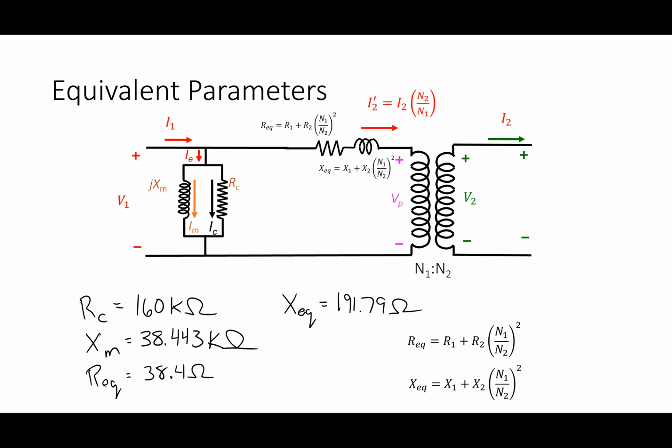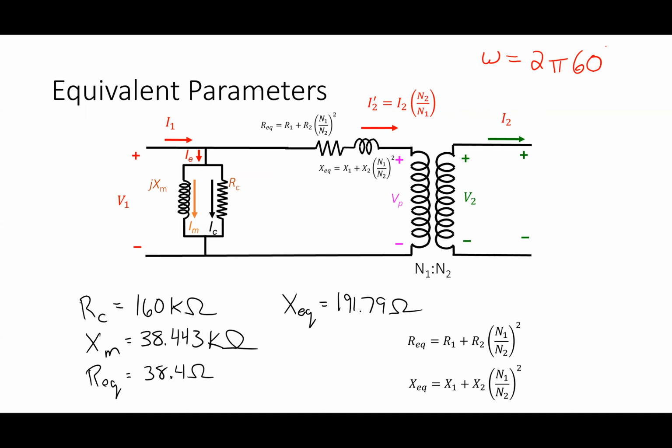So if I did want to find LM, the magnetizing inductance, how would I find it from this? Divide by omega. And unless you're told otherwise, omega is basically 2 pi 60. I guess if I was trying to be a jerk on a test, maybe it would be 2 pi 50 or something like that, just to see if you're paying attention.